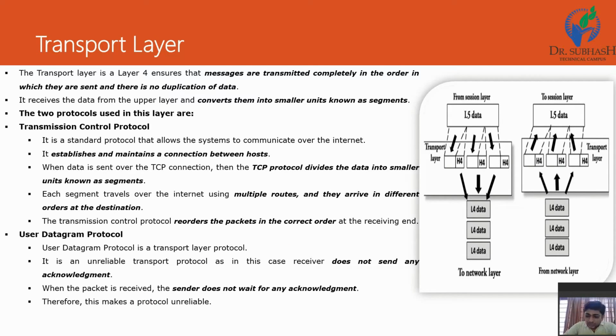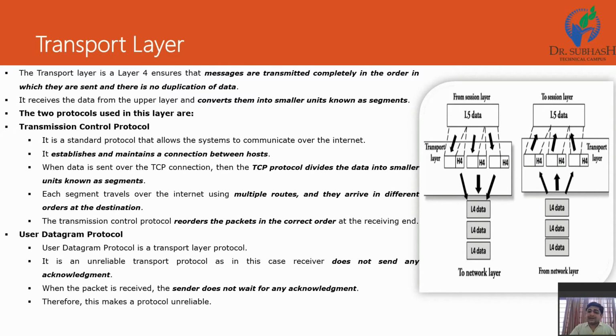We have to remember a limited portion here: what the transport layer will perform, how the transport layer will work. So first, it makes our data into segments. It has two protocols, TCP and UDP.